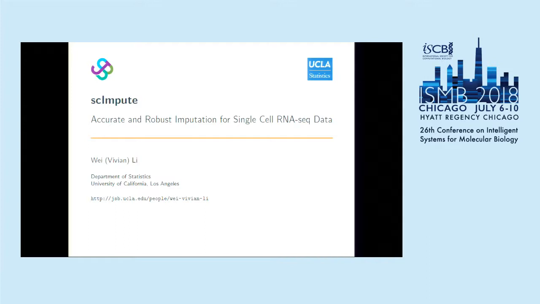I'm Wei, and I'm currently a fourth-year PhD student at UCLA Statistics. I'm very happy to be here and introduce scImpute, which is an accurate and robust imputation method for single-cell RNA-seq data.